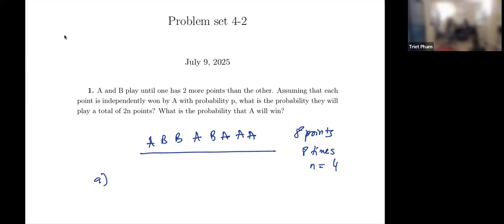Meaning it implies that the game can only be played with an even number of points. Is that true? Can we also have an odd number? Can the game end in 3 points?